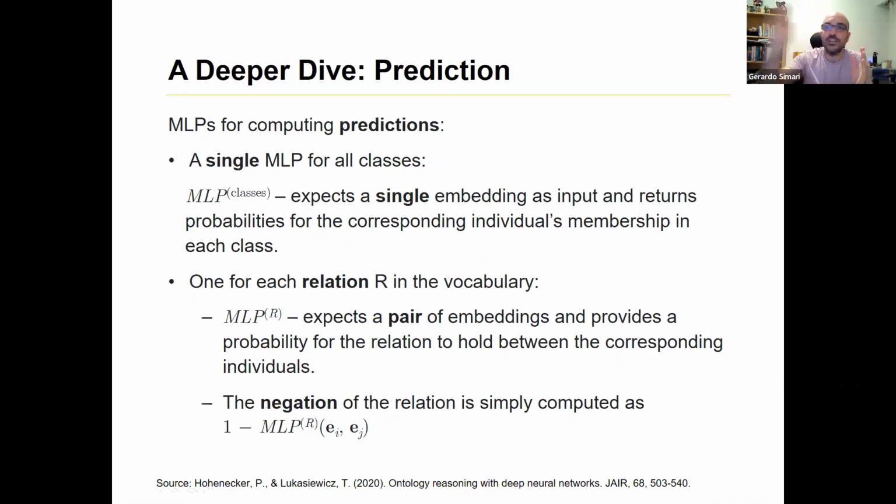So for each of the classes, I'll have a probability. And then one for each relation also in the vocabulary, MLP-R, that will take, in this case, a pair of embeddings and provide a probability for the relation to hold between these two individuals. And the negation is just computed, as I said before, also one minus this output.